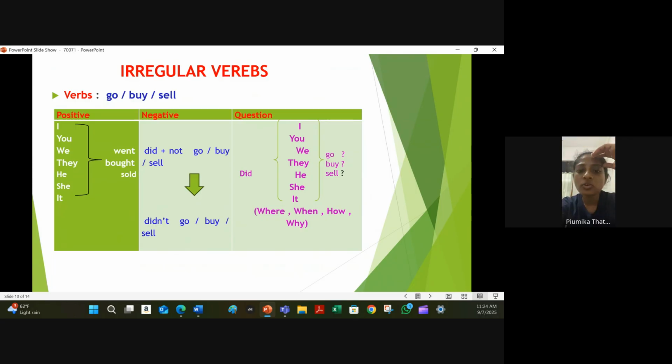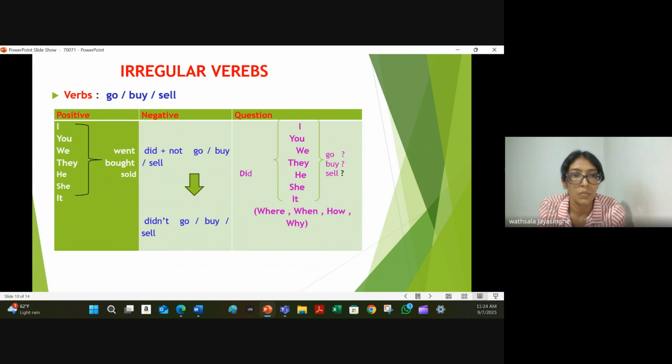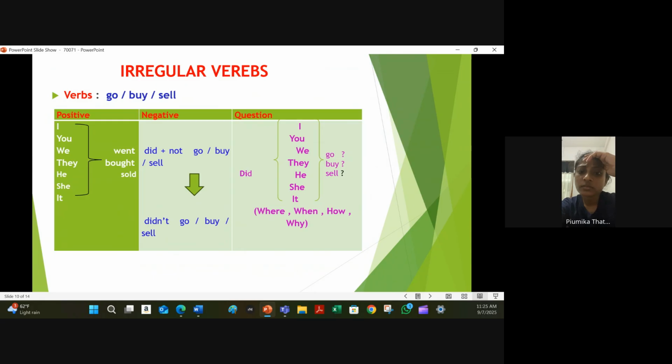Is the verb go, buy, and sell change in positive only? Yes, only positive. When you use negative form and question form, we have to say it as a base form. Okay.